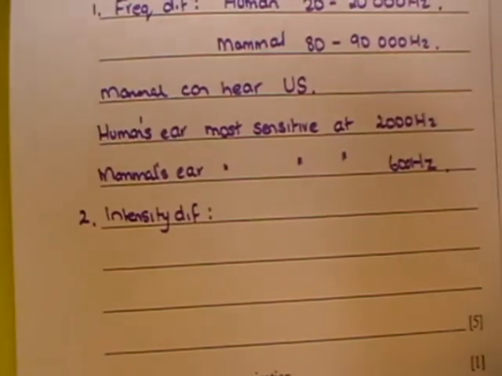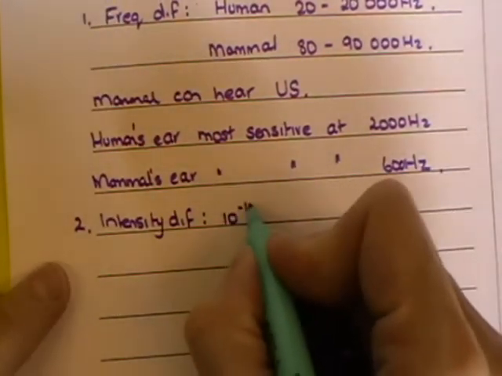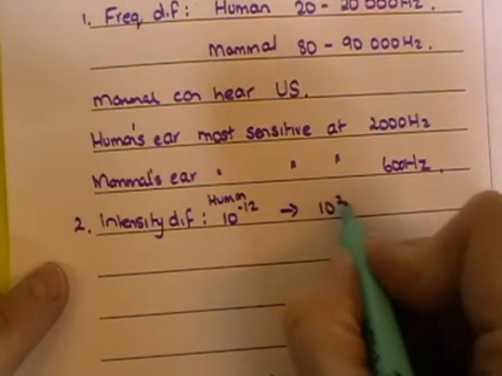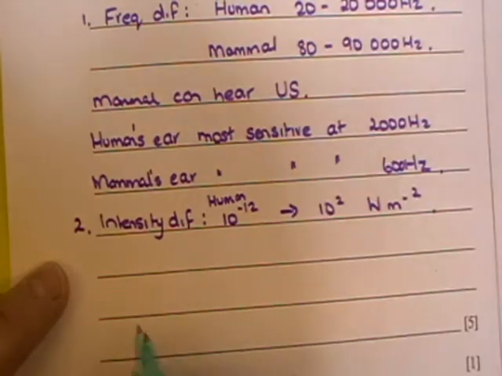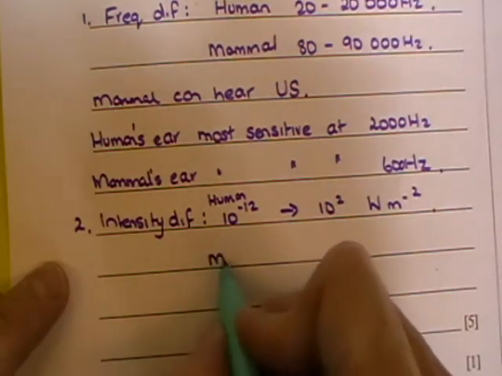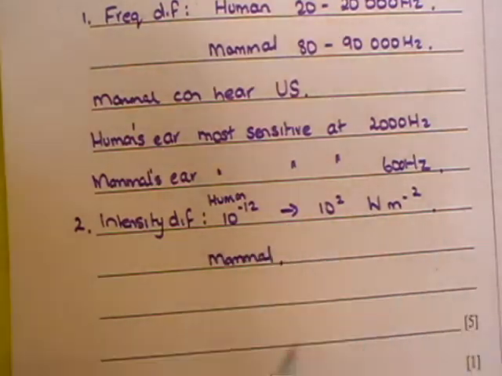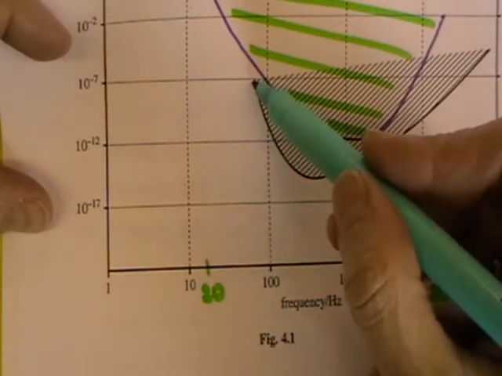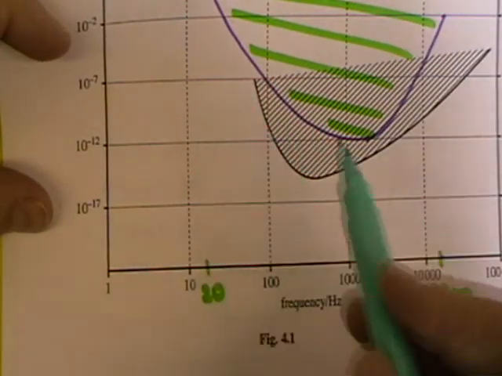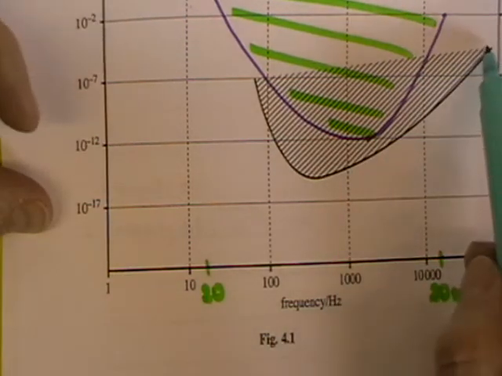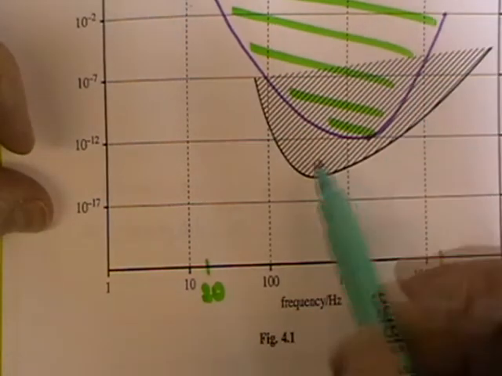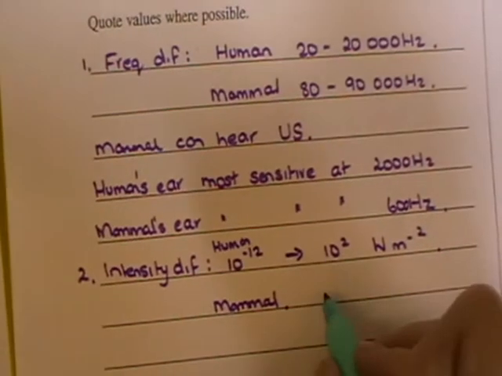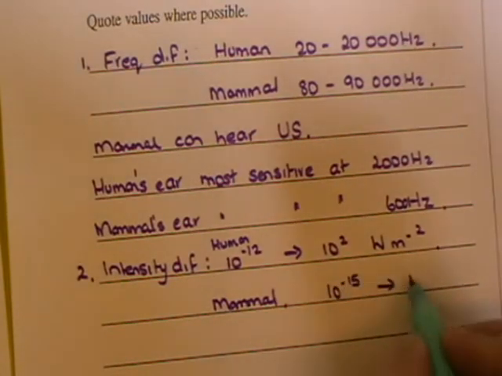So the human can hear from 10 to the minus 12 up to 10 to the 2 watts per metre squared, whereas the mammal is hearing from about 10 to the minus 5 down to about, we'll say, 10 to the minus 15. So 10 to the minus 15 to 10 to the minus 5.